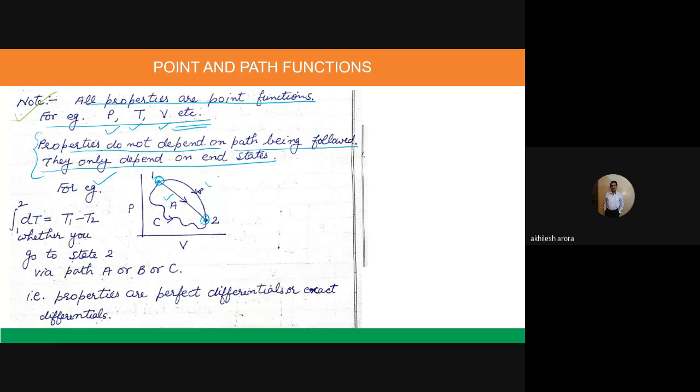You go along B from 1 to 2. You go along C from 1 to 2. Now you calculate the change in temperature from 1 to 2. What is the answer? The answer is clear. It is T2 minus T1. So whether you go to state 2 via path A, B or C, the answer will be the same, that dT will be equal to T2 minus T1.